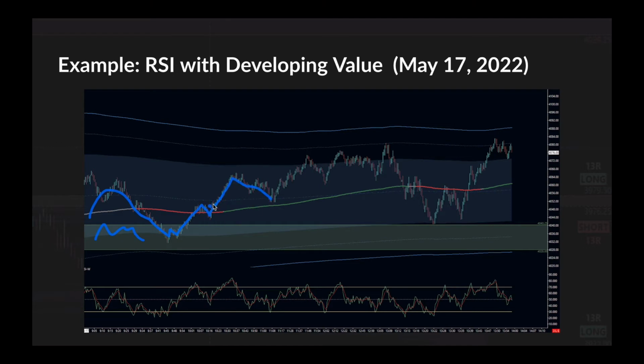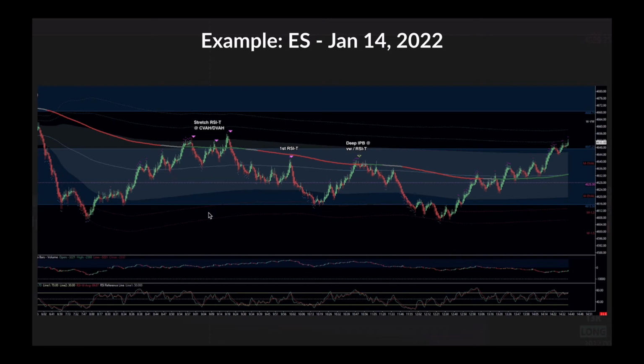And then I have this change, remember I talked about this in our developing value. This is my moving average crossover where I went from red to green. And now I have this beautiful RSI oversold condition here that tells me, hey, this is probably a good time to go long right there. So this one has a lot more things going for it from a trade perspective than this over here, including better rhythm.